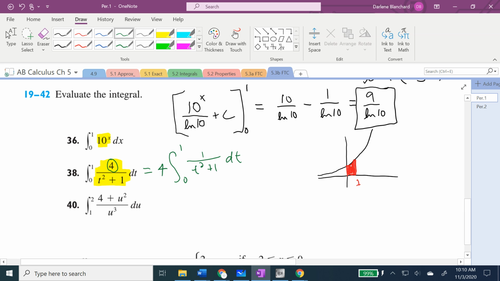And by doing that, I tried to emphasize a little bit more the formula you are used to seeing. So the antiderivative of this is inverse tangent. So I wind up getting 4 times inverse tangent of t. And I'm not going to put the plus c this time.